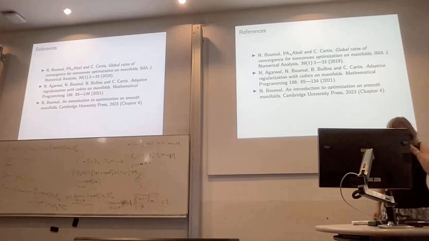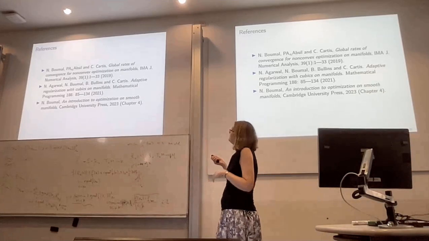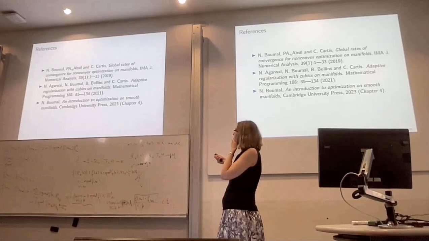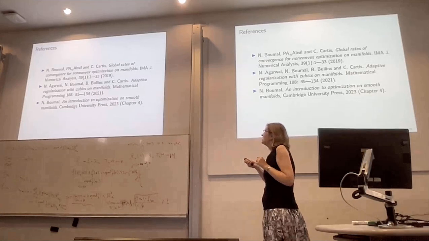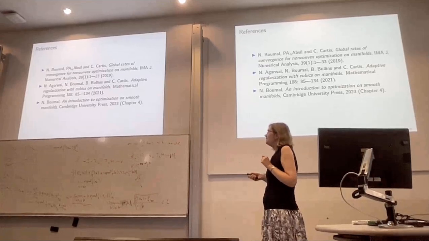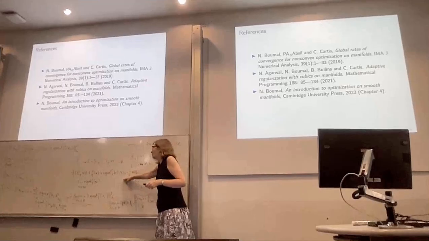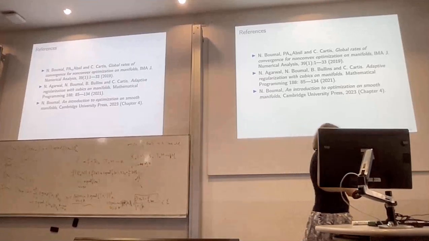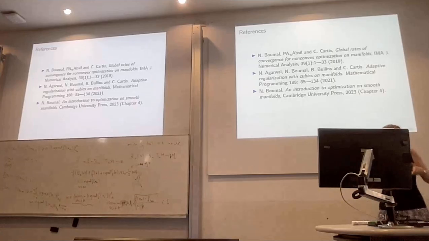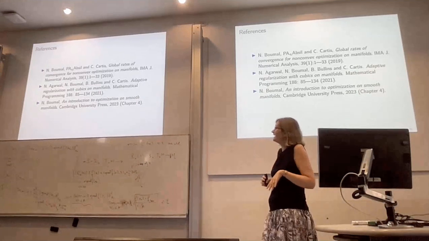So this global rate of convergence that I presented, the very first paper that did global rates for non-convex optimization on manifolds is our paper in 2019. We did Riemannian gradient descent with this kind of assumption, with various step sizes, fixed or adaptive. If you want all the nitty-gritty details of these proofs and carefulness, I recommend that paper.